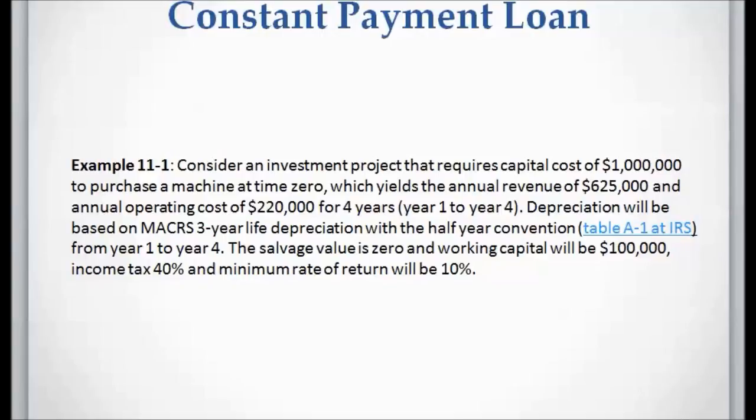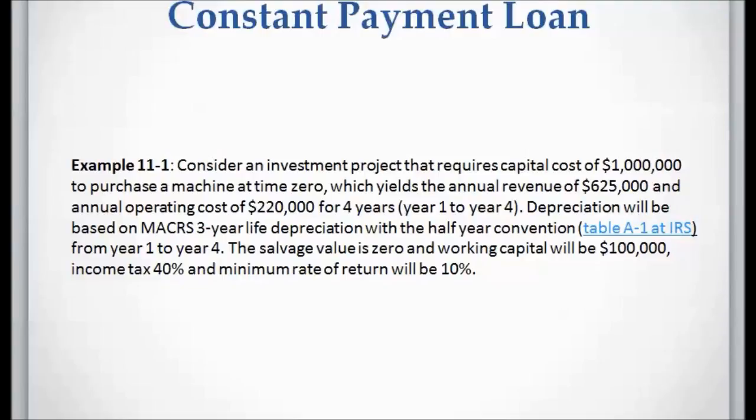First, let's assume the simple case that there is no borrowed money. Consider an investment of a project that requires a capital cost of $1 million. The capital cost is depreciable over four years using MACRS 3-year half convention.